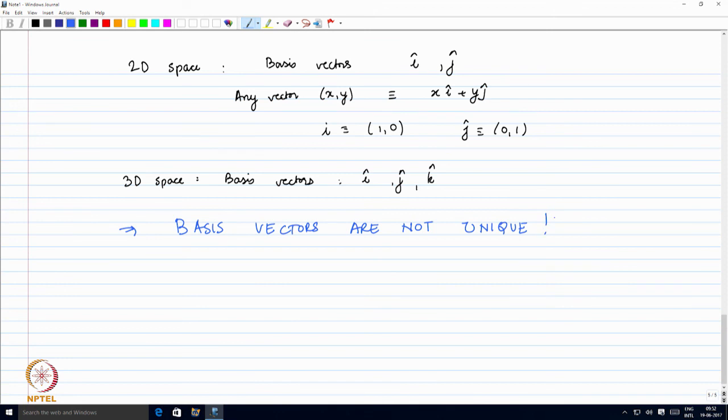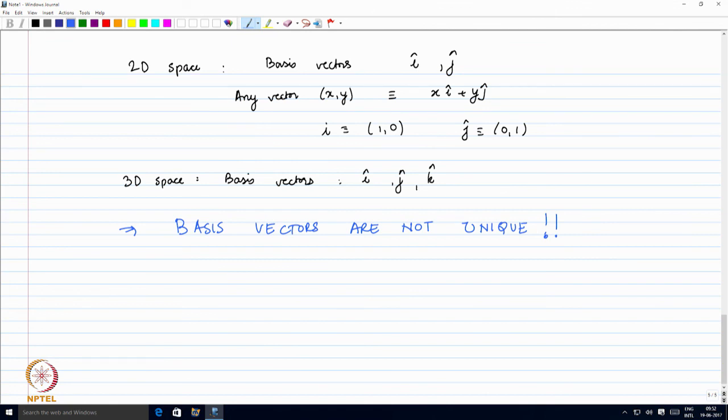This is a very important idea. In fact, if you take 2D space, any two linearly independent vectors can form a basis. Any two linearly independent vectors in 2D space which span the entire space will form a basis. And in order to span the vector space, they should be linearly independent and one of them should not be 0, and that is it, you are done.